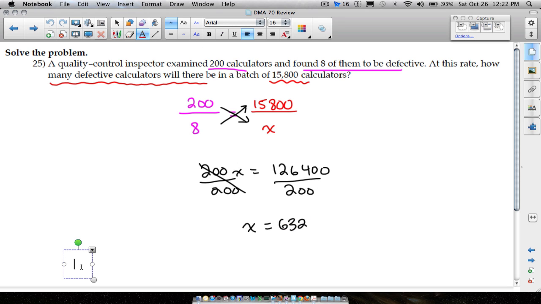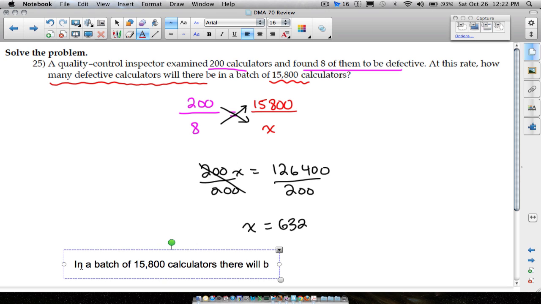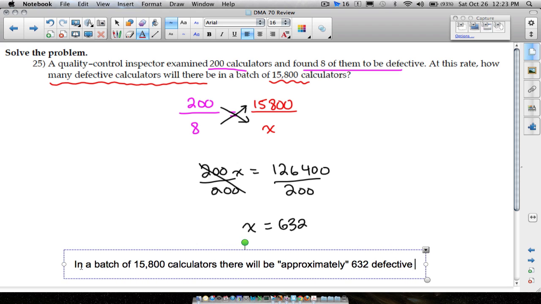Therefore, we can say in a batch of 15,800 calculators, there will be, now I'm going to use the word approximately, 632 defective calculators. Now the reason why it's approximate is because you're not going to have exactly 632. It's probably not going to happen.